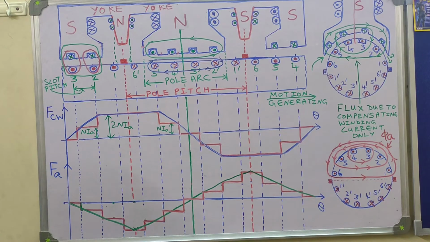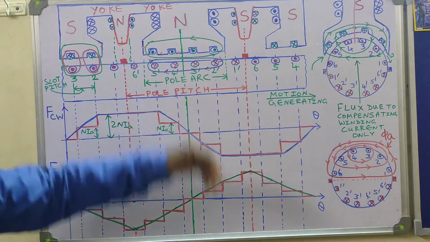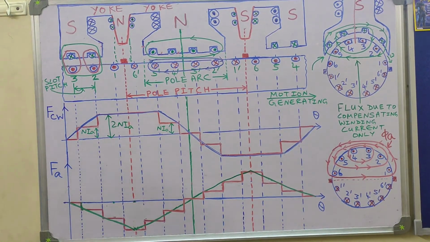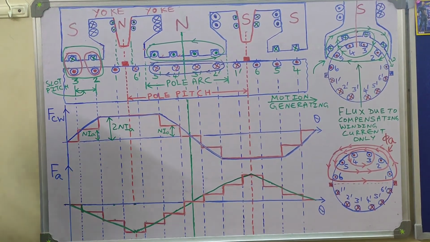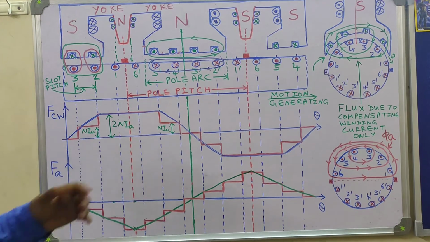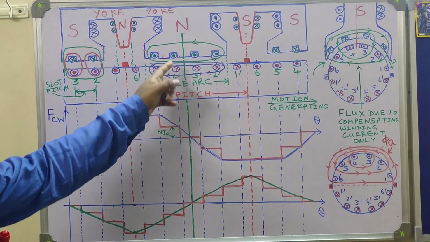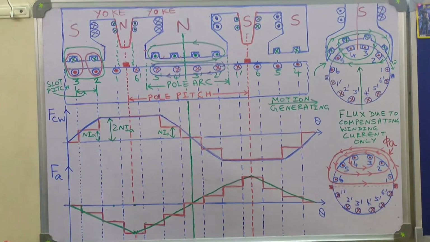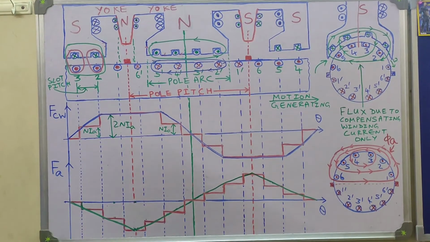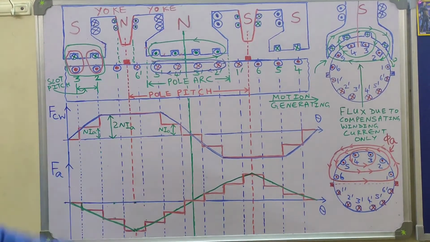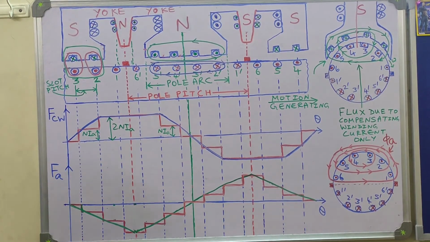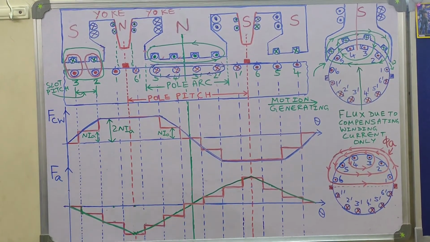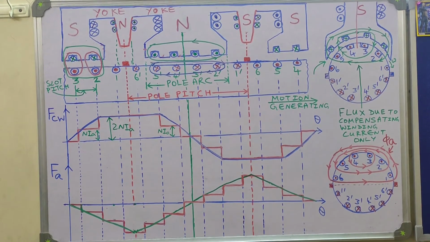However, we should keep in mind that leakage fluxes here don't play a predominant role, for the simple reason that leakage fluxes are due to the current carried by the compensating winding and armature winding. These currents are not changing with time, so the leakage fluxes are also not changing with time, so they don't induce any EMF and they are not that significant as compared to the case of an AC machine.